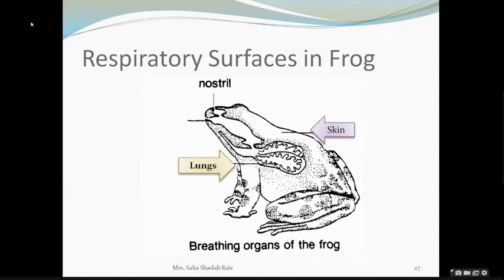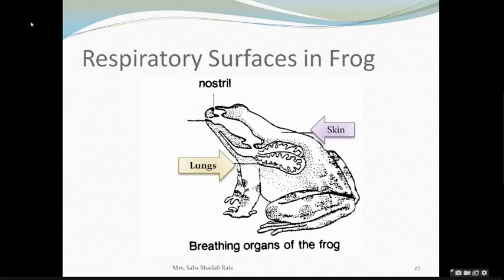To prevent anything from going inside the lung, there is a cap-like structure, and that cap-like structure is called the glottis. The same glottis is present in the frog also. The point to be remembered is that, unlike us, they do not possess a trachea.